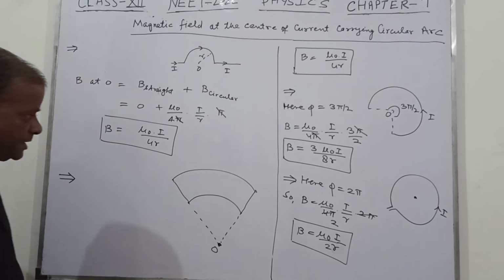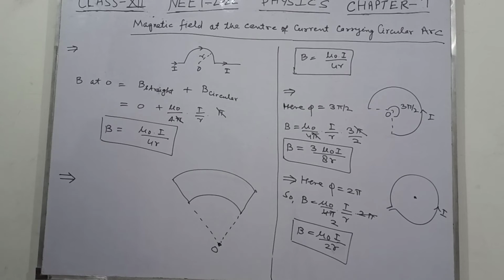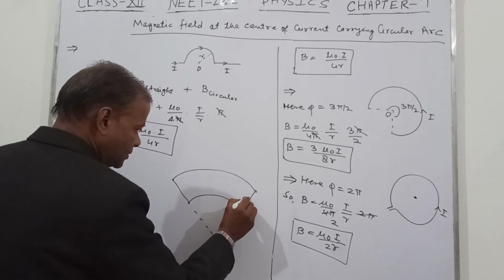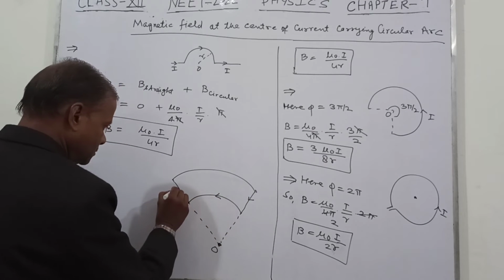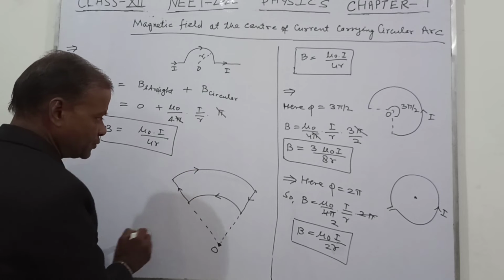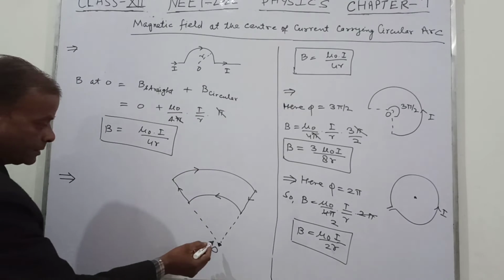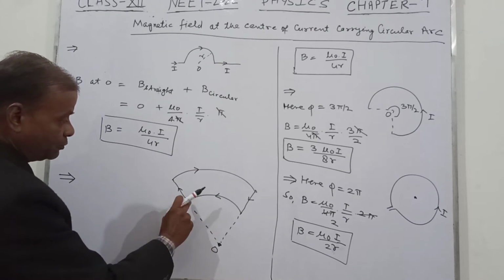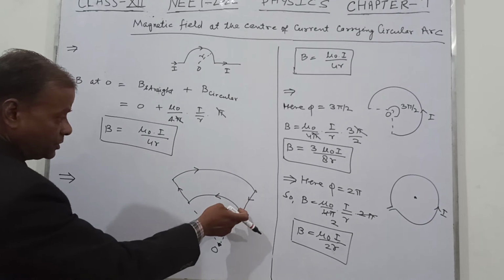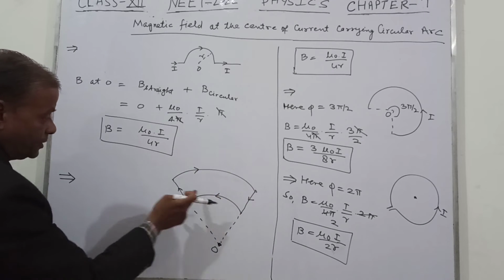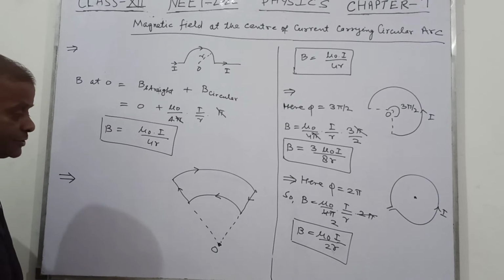This is now the center of these two parts, and they carry the current like this. In this way, the magnetic field at this O is due to this arc and also this arc, but because of these two straight parts, the magnetic field will be 0.